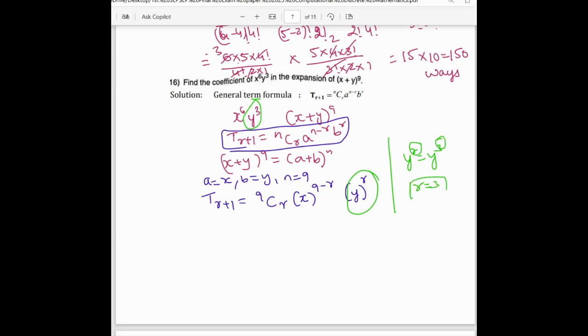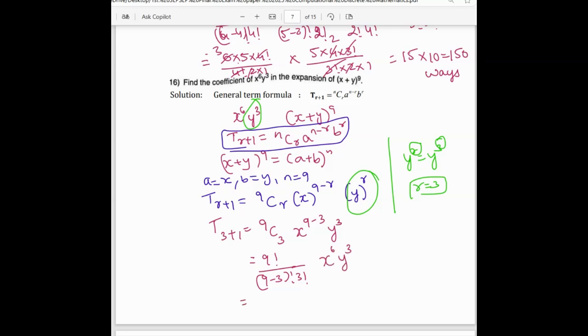The value of r is 3. Substituting in the formula, we get T of 3 plus 1 is equal to 9C3, x to the power of 9 minus 3, y to the power of 3. That will be 9 factorial divided by (9 minus 3) factorial and 3 factorial, and x to the power of 6, y cube.